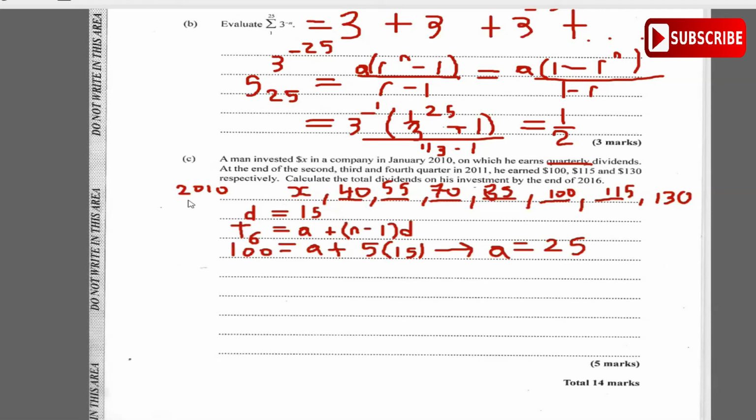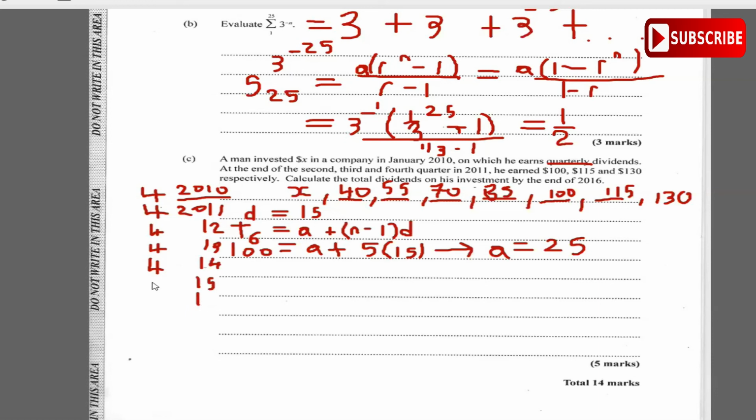Now, one thing I noticed, there are going to be 4 dividends in each year. So 4 in 2010, 4 more in 2011, 4 more in 2012, 2013, 2014, 2015, then 2016.